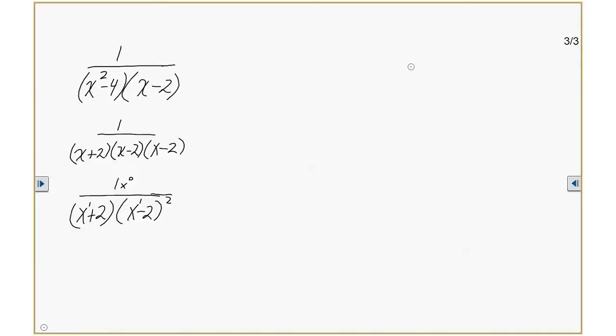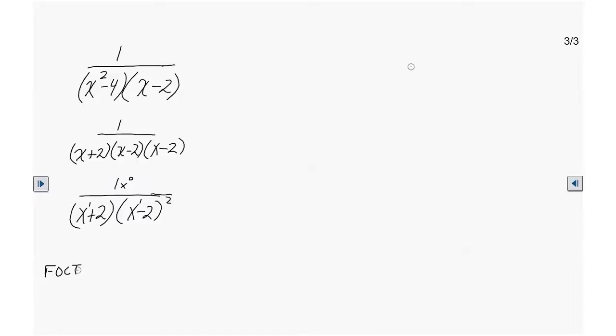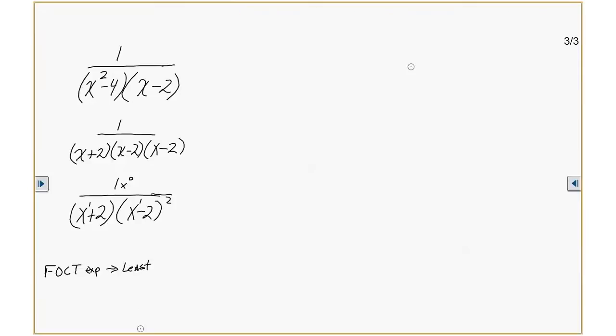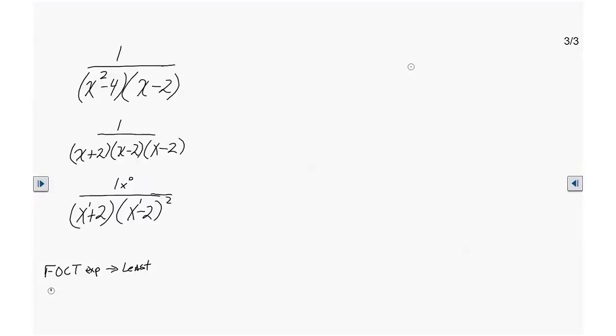The way that you do repeating factors is always remember, when you're factoring out a common term with an exponent, you always use the least exponent, right? If you are finding the common denominator, you use the highest what? The highest exponent.